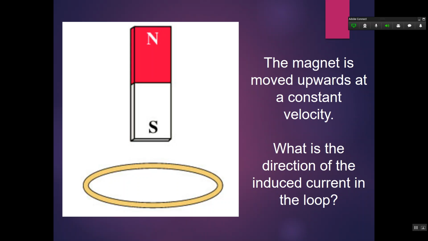We have to use our right hand to figure out which direction that current is. So which direction is it? Counterclockwise. Okay, that's going to be the direction of your induced current.